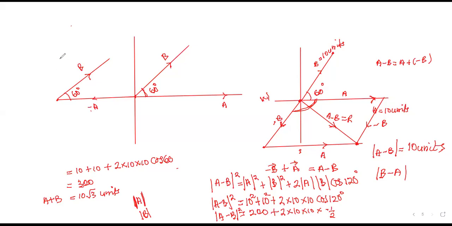I can also do the same for minus A. So this is also minus A. Now, minus A in this direction, B in this direction, or from here to here, it's obvious the resultant would go up.